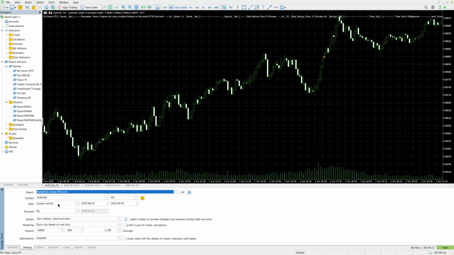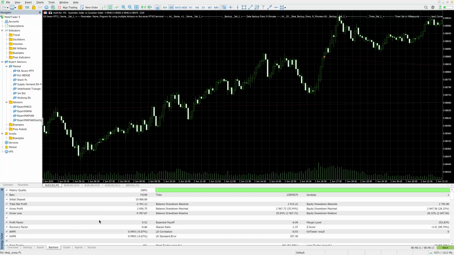Also on a fixed 0.01 lot, every tick modeling with 100% history quality, and the result was a net loss of about $2,441. The max balance drawdown reached 25.5%. The equity drawdown was around 28.3%, and the win rate came in lower than claimed, with some rough consecutive losses and visible sharp drops on the equity curve, especially in late 2025.